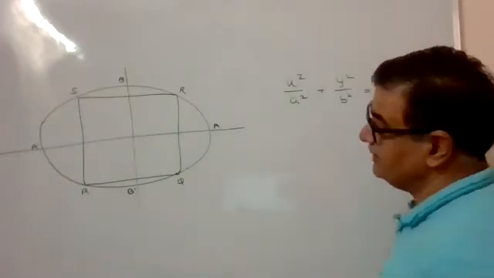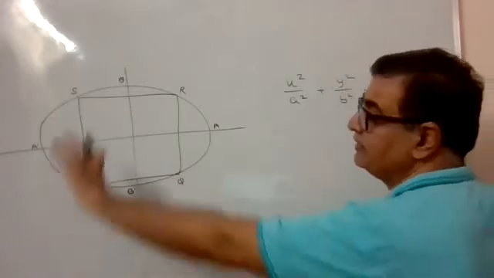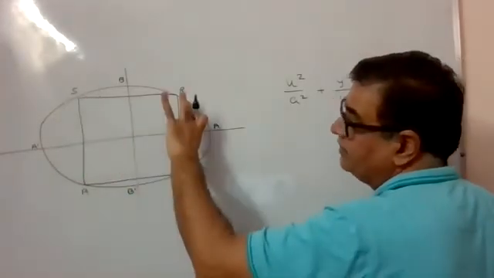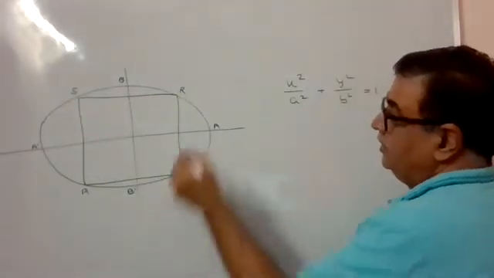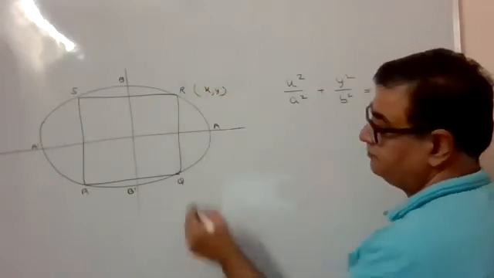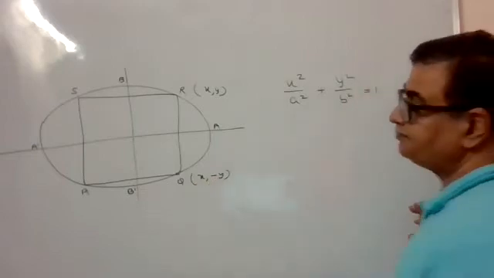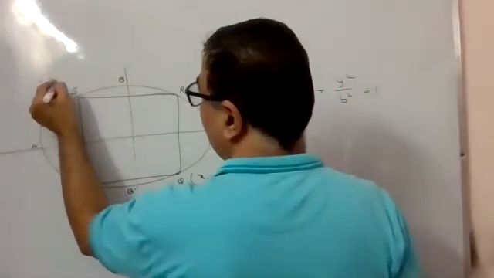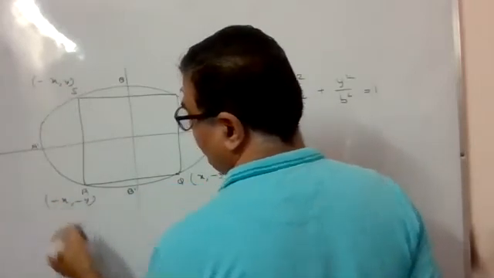So what we do in this case, when it is a rectangle, again this length and this length has to be same because it's a symmetrical diagram. So if this length and this length are the same, they will be at equal distance. Let the coordinate of this point be x comma y. This comes out to be x comma minus y. Here we have minus x comma y, and here we have minus x minus y.